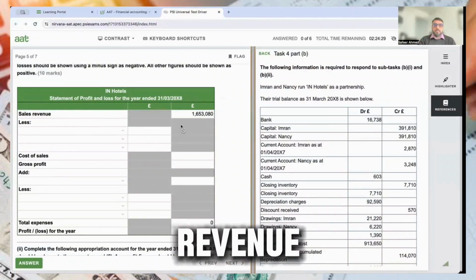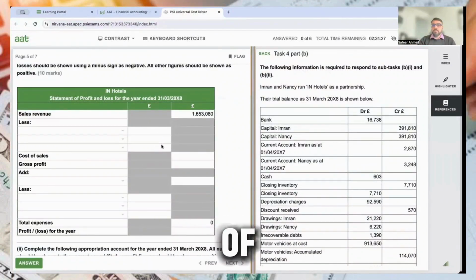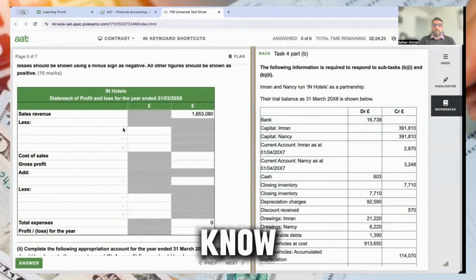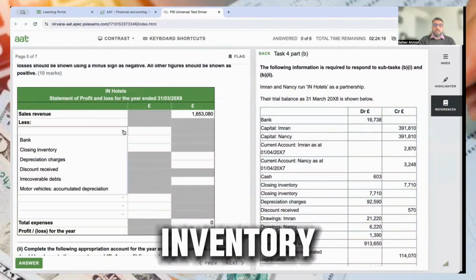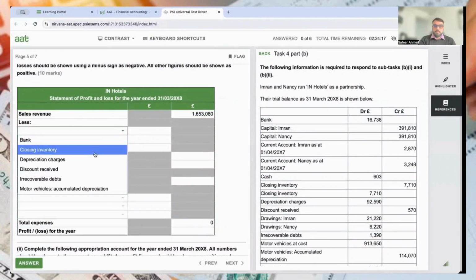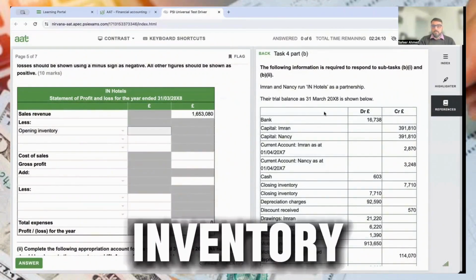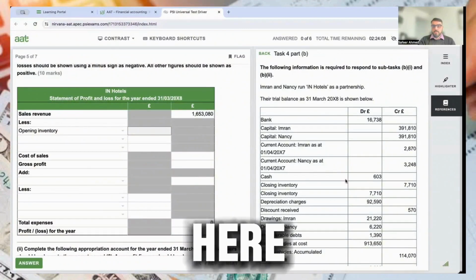So sales revenue minus cost of sales gives us gross profit. And we know that the way we calculate cost of sales is opening inventory, and the opening inventory is given to you here.